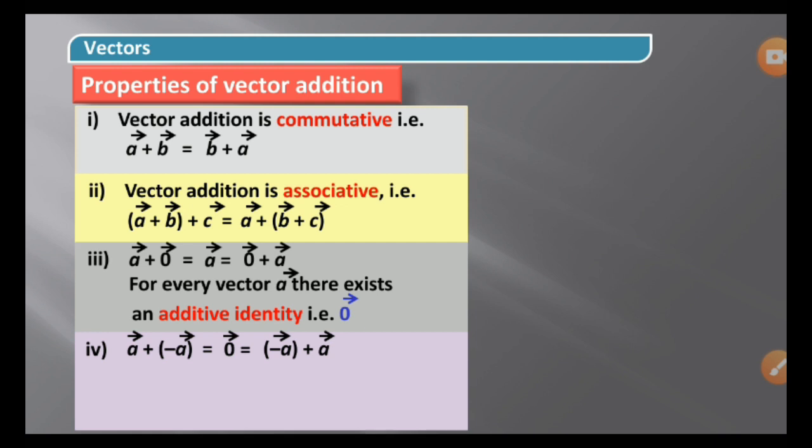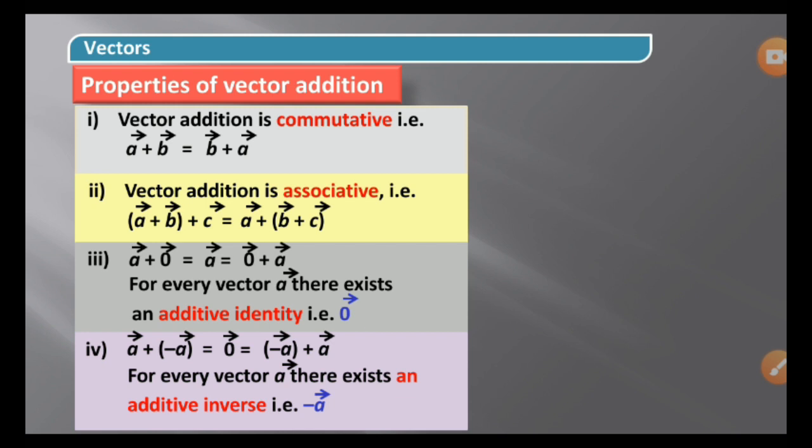We can also take it as negative vector of a plus a vector, which is also equal to 0 vector. Therefore, for every vector a, there exists an additive inverse, that is minus a vector. These are the properties of vector addition.